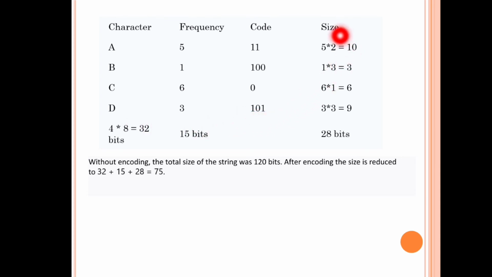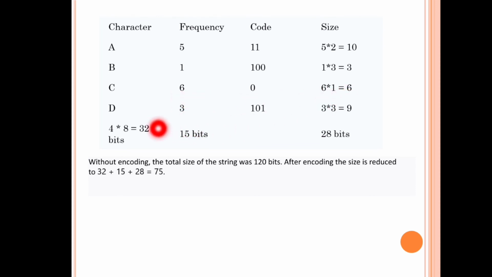And the size after reduction is given here. We have 2 bits and its frequency is 5, so in total there will be 10 bits. And similarly here are 3 bits for this character and its frequency is 1, so its size will be 3. And similarly for this, 1 bit and frequency is 6, so the size will be 6.